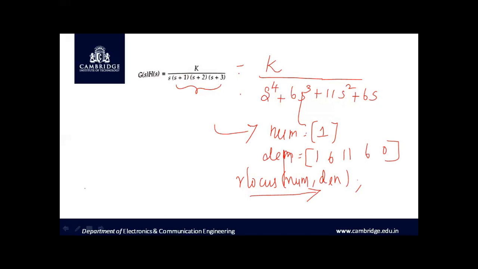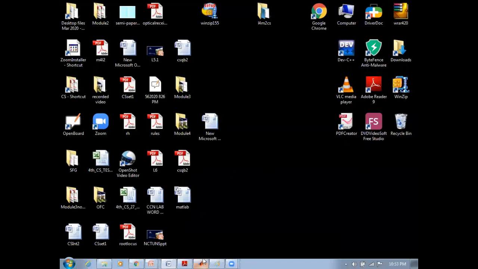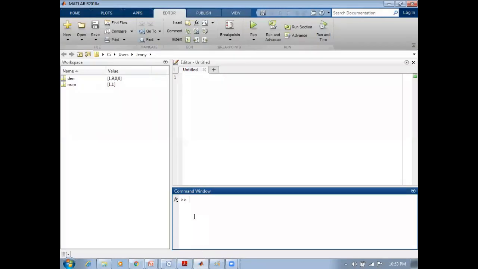Let us try doing it in Matlab. Let me click on this icon, Matlab, in the command window. Let me write the numerator polynomial, num equal to 1. The denominator polynomial is given by s to the power 4, so the s power 4 coefficient is 1, 6s cube, so the s cube coefficient is 6, 11s square, 6s, and we have a constant 0.